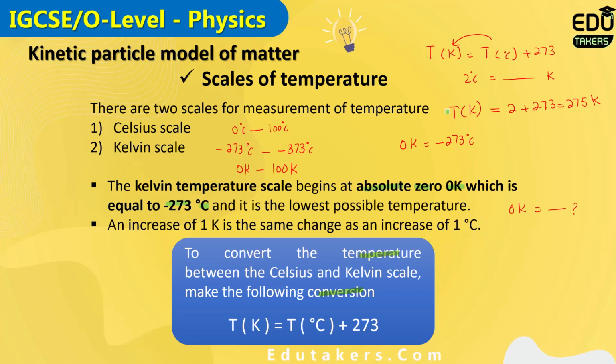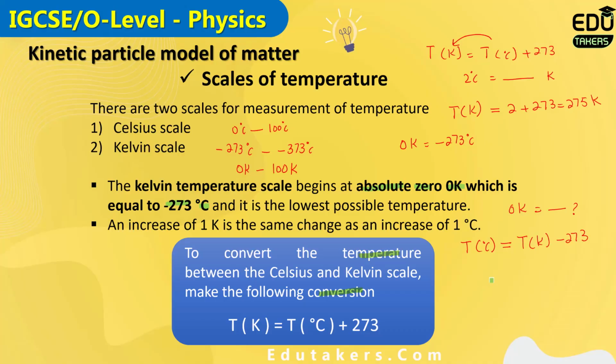So first of all, you need to rearrange the conversion formula. As you want to find the temperature in degrees C, make degrees C the subject. I write here temperature in degrees C is equal to temperature in Kelvin minus 273.